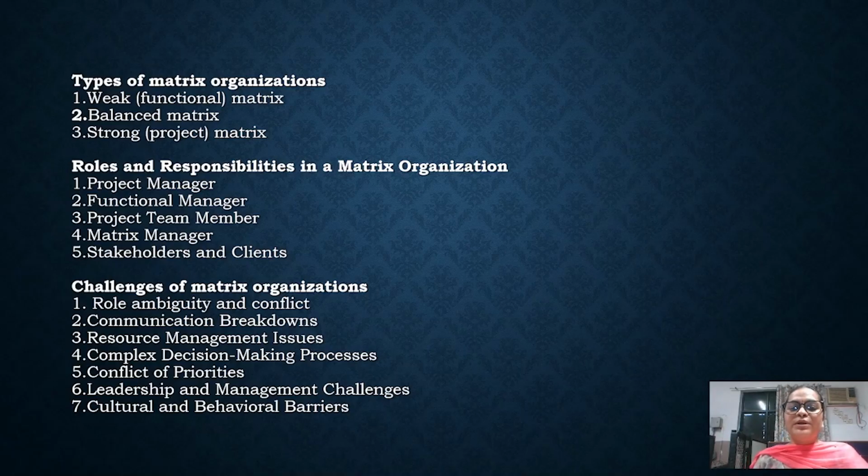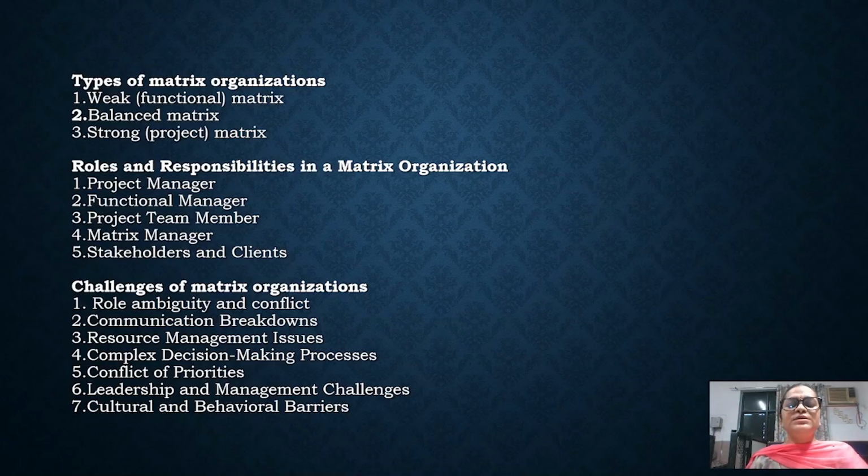Responsibilities and accountability are distributed between functional and project managers, which ensures that functional managers provide the expertise and resources from their departments, while the project managers oversee the day-to-day project activities, manage the project schedules, and ensure the delivery, that the objectives are met on time and the quality standards are maintained in the organization.